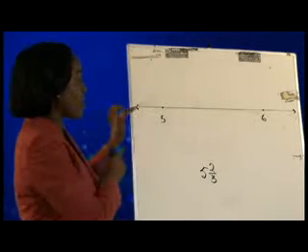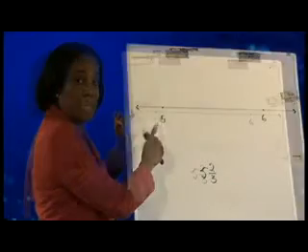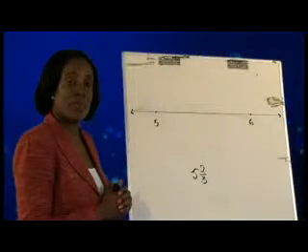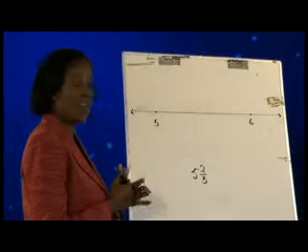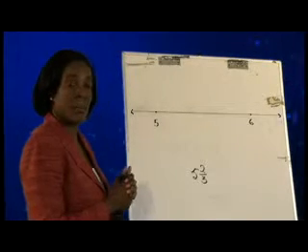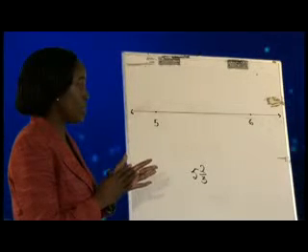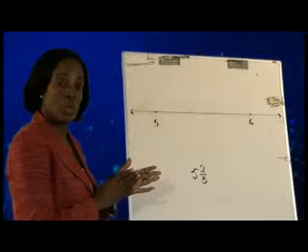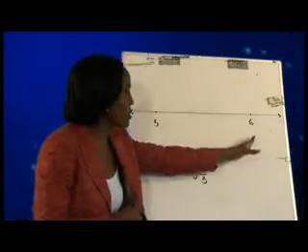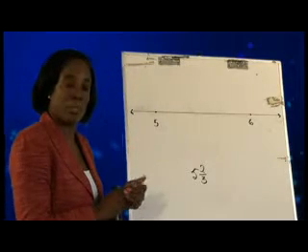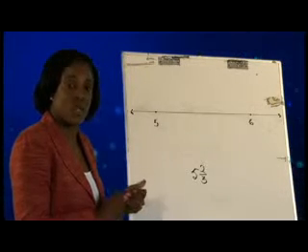We have here a part or portion of a number line. Students, we need to remember that before 5, we have other whole numbers beginning with 0. For example, 0, 1, 2, 3, and 4. And after 6, we have other whole numbers such as 7, 8, 9, and so on.